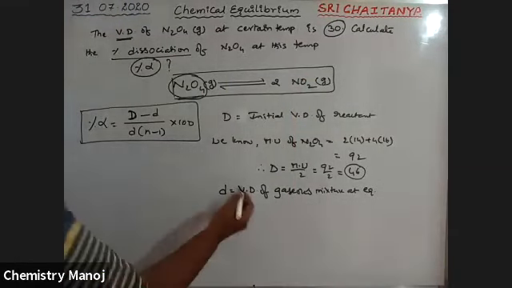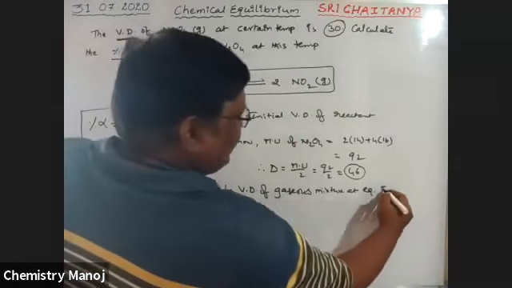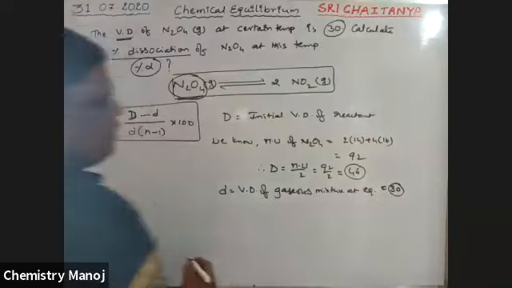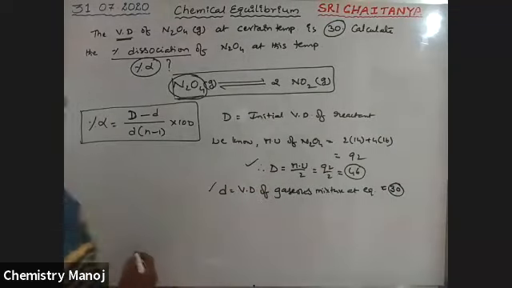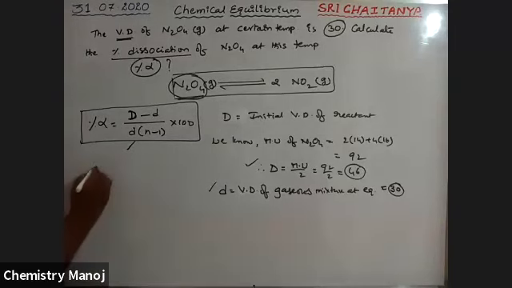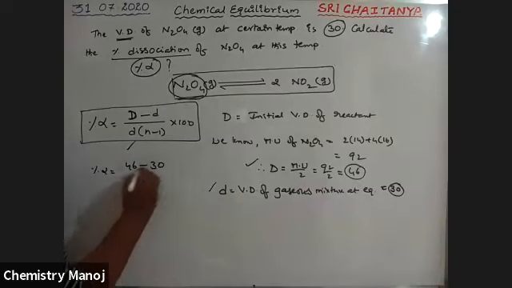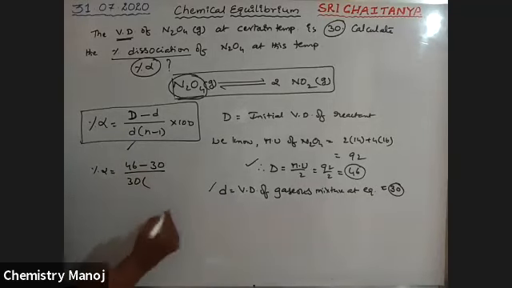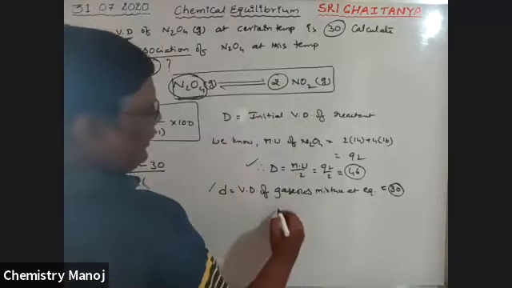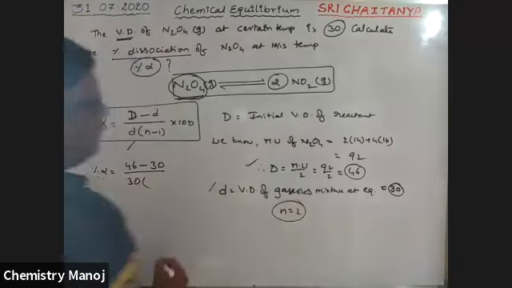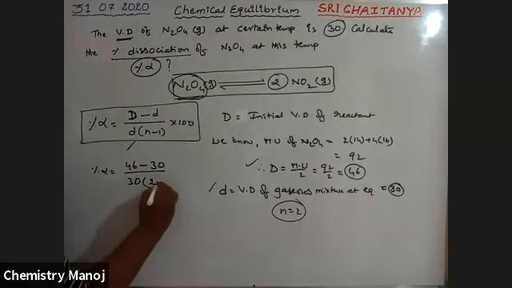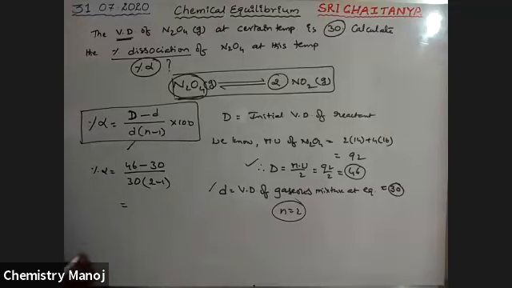Therefore, its vapor density is 30. So this is capital D, this is small d. Apply this formula. Percentage alpha is equal to capital D 46 minus 30 by 30 into n value. How many moles? It is 2 only. n is equal to 2 here.